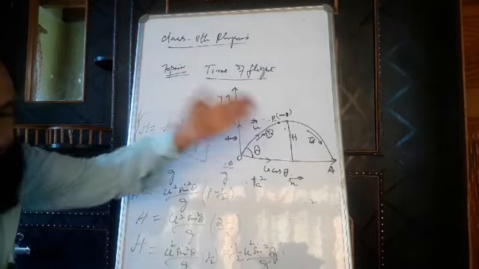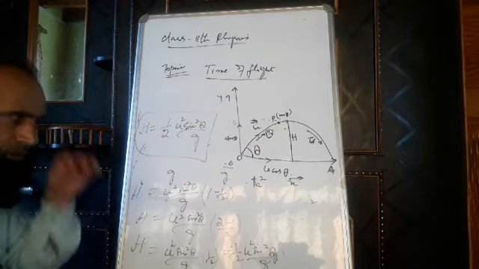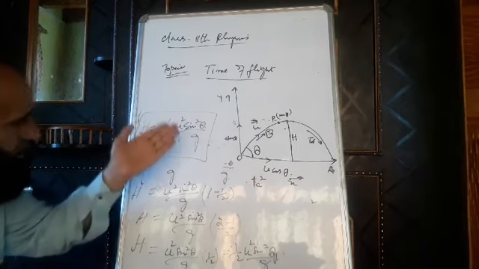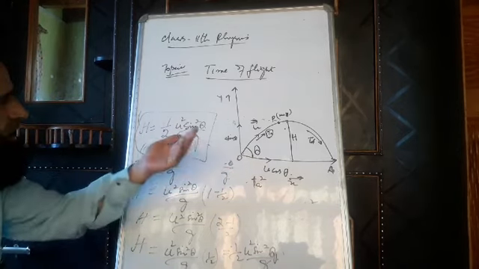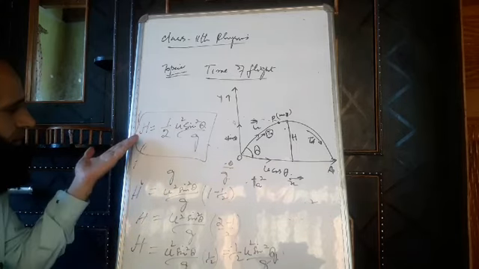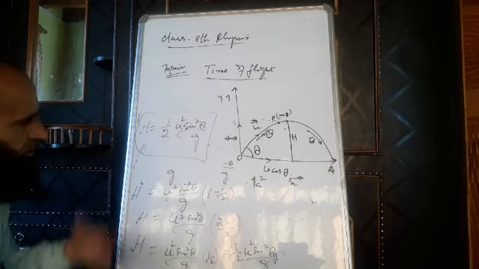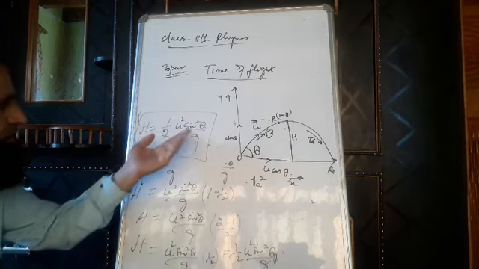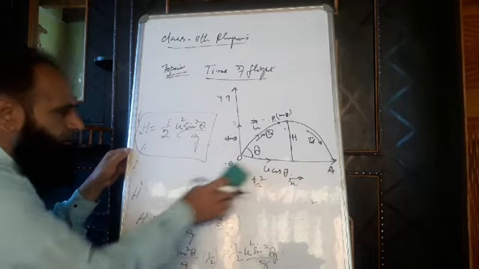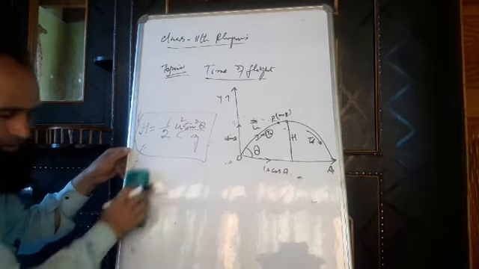Sometimes a problem may be asked in exams where the initial velocity of the projectile and theta, the inclination, are given. You find this height h. Easy. Giving the value 9.8, we can find the value of it. So this was about the maximum height.